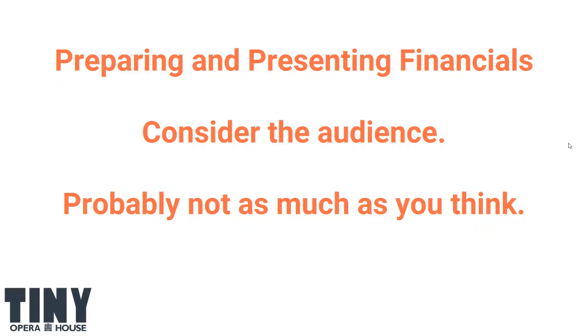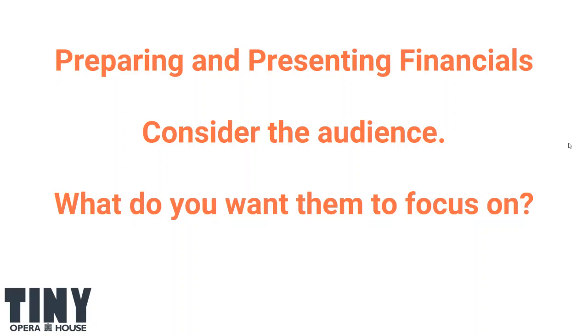There's nothing worse than getting distracted, and you've got an hour's worth of stuff you want to talk to them about, and now we're spending 15 minutes talking about either stapler expense or why one number doesn't match another number. So it's all part of considering the audience and considering what influence you can have on getting them to think what you want them to think. I mean, what do you want them to focus on?